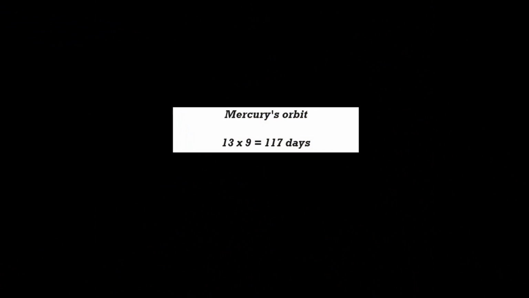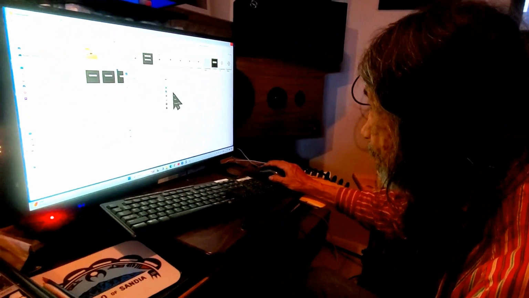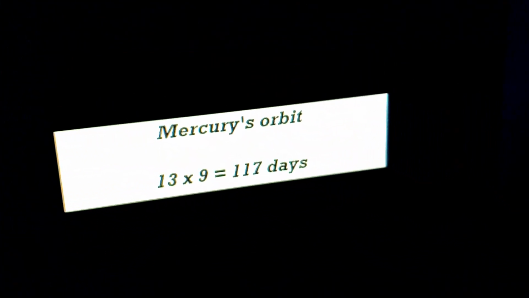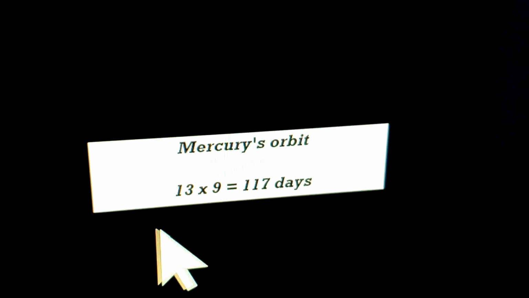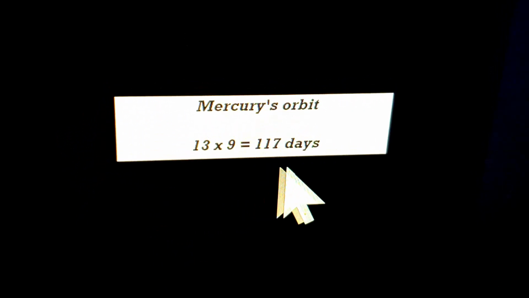So this is how to use 13 to predict the orbit of Mercury. Mercury's orbit: 13 times 9 equals 117 days.